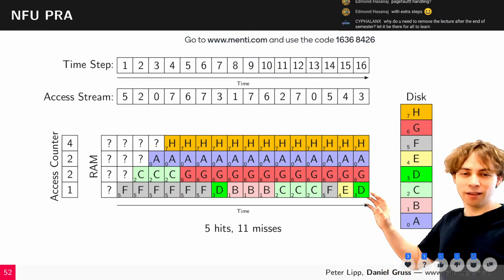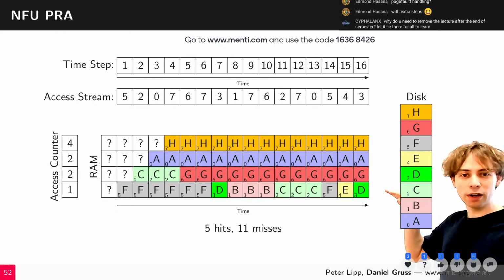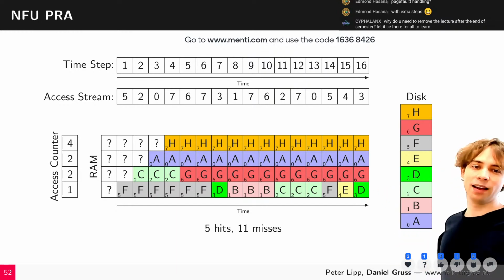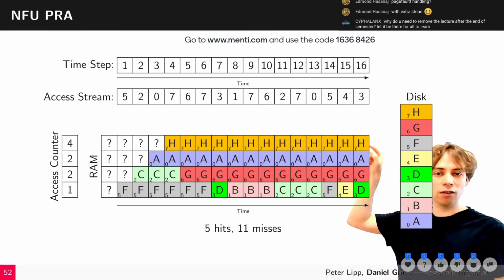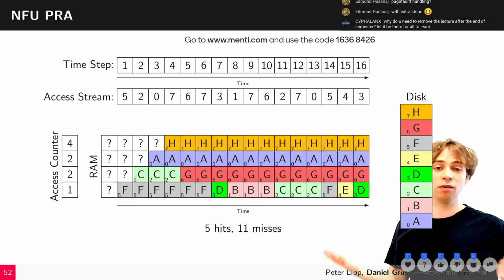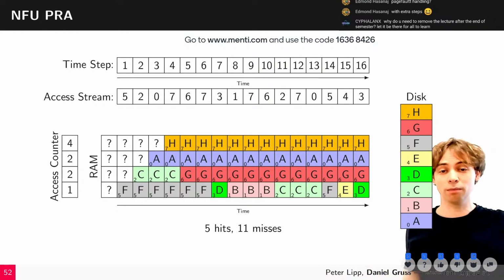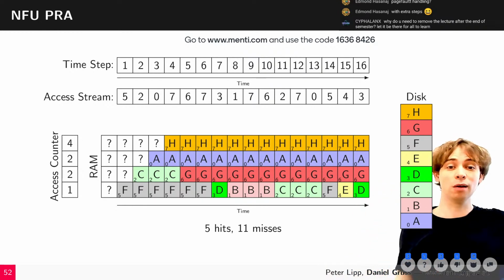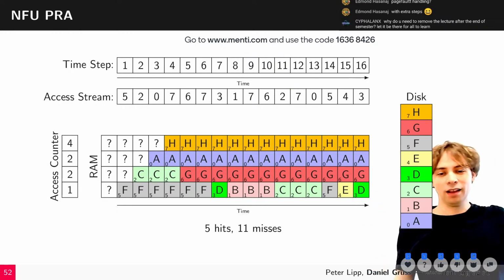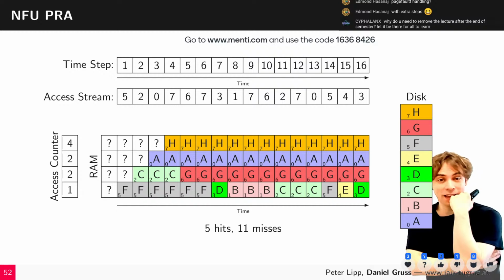And this one, you can clearly see that it will get worse and worse over time because it will only put pages here. And if there's no access ever again to any of these 3 pages, then it's just bad for us because it's as if we would only have this much of RAM, only 1 slot instead of 4. So there's a problem.